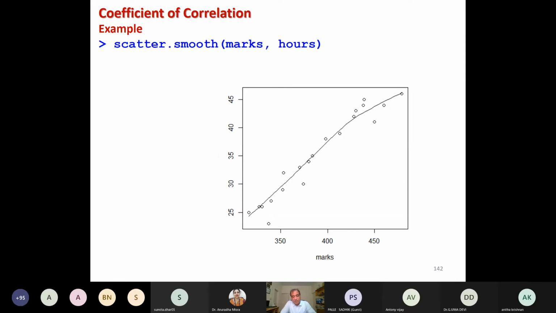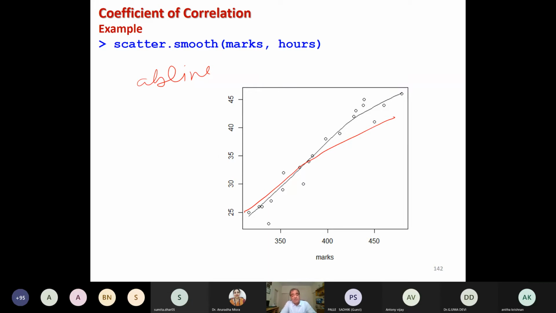But the better option is to fit a linear regression model, which we will possibly do tomorrow with another eminent speaker. That will give you a straight line like this. There is a command, abline, that you can use, and then this line can be obtained.